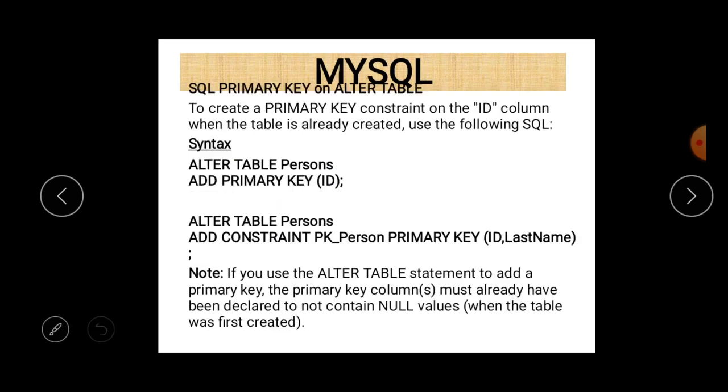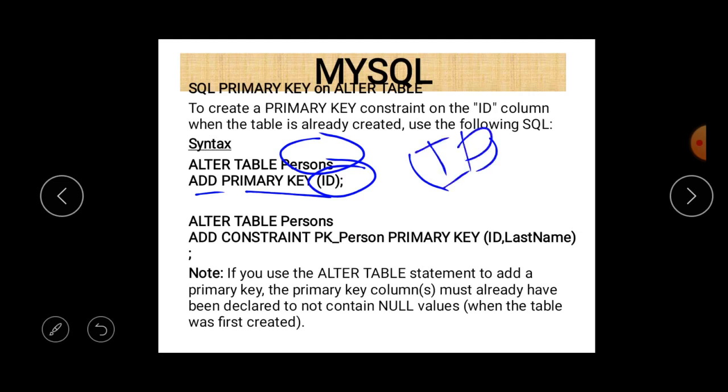Similarly, in the case of primary key, if you want to add a primary key, then ALTER TABLE persons ADD PRIMARY KEY, where persons is the name of the table, and the primary key which we want to add is ID. So just write ID in parentheses after the keyword primary key.